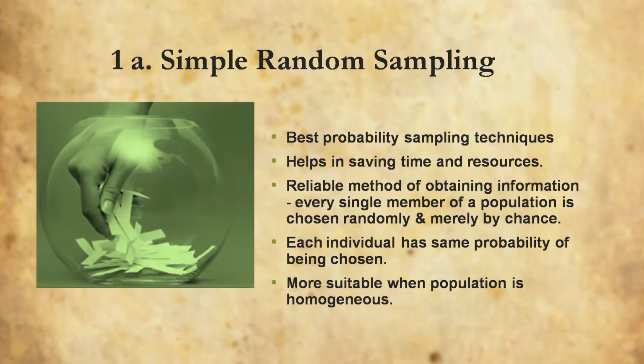Simple random sampling is one of the best probability sampling techniques so far. It helps us save time and resources, and it is the most reliable method of obtaining information, where every single member of a population is chosen randomly and merely by chance. Each individual has the same probability of being chosen, and it is more suitable when the population is homogeneous.